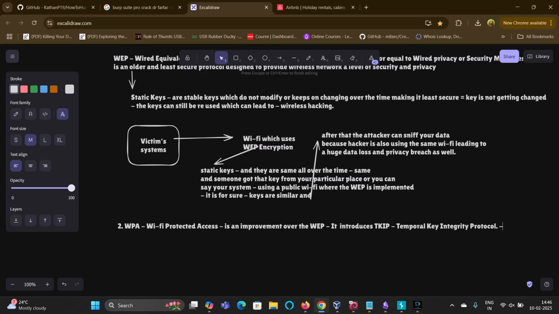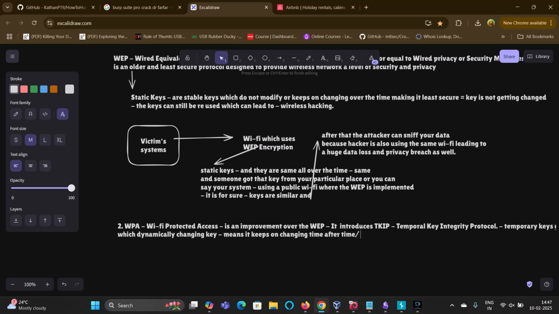It is a temporal key. Temporal means a kind of temporary. WPA uses temporary keys which dynamically change, and I have stated earlier that WEP uses static keys, meaning the keys remain the same, whereas dynamically changing keys keep on changing time after time.